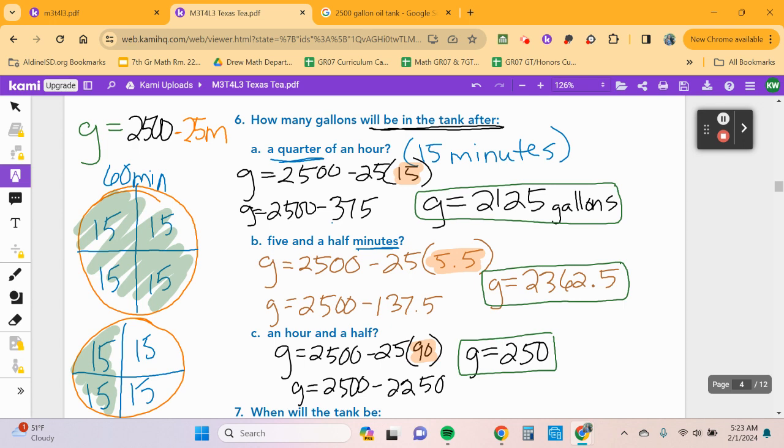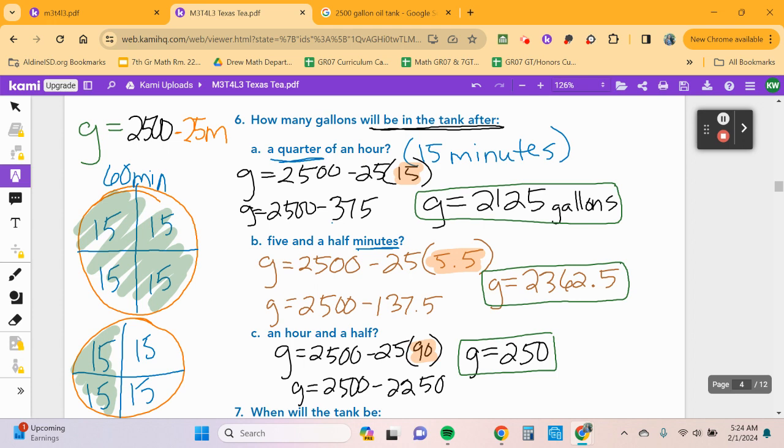For 6B, I did the same thing. I took it step by step. I substituted in 5.5 minutes for where our minutes were represented in our equation. And then I solved 25 times 5.5 is 137.5, or 137 and a half. I subtracted that from 2,500 and got 2,362.5.